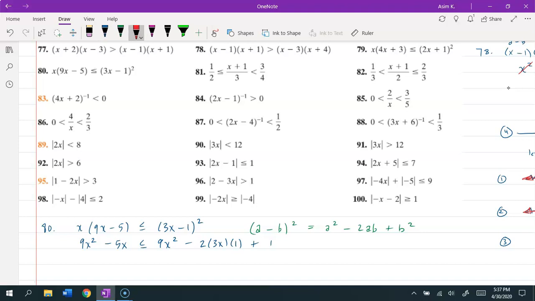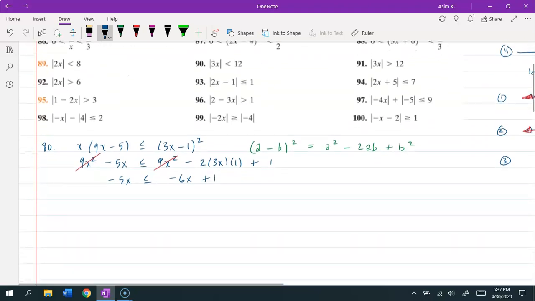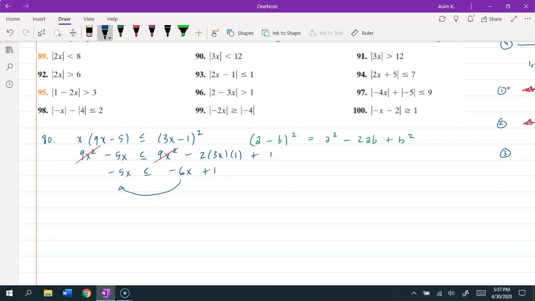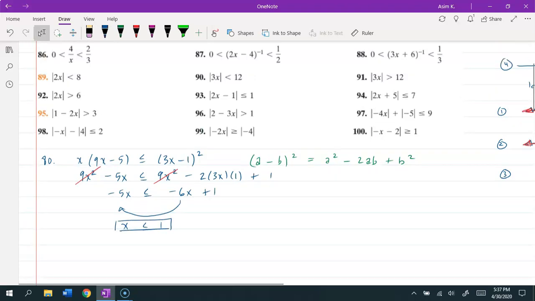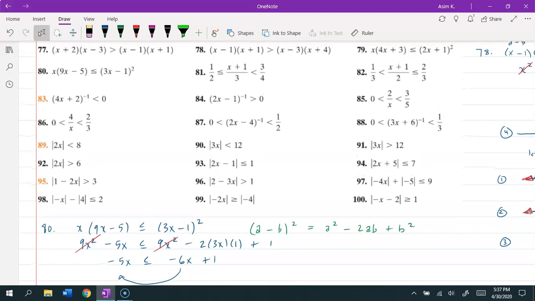Notice again that the 9x squareds will cancel each other out, and you'll end up with negative 5x on the left-hand side. You'll end up with negative 6x and then plus 1. Again, just go ahead and move the negative 6x over. So you'll have 6x minus 5x, which is simply an x, and that is less than or equal to 1. So, simple and done. All right, let's go to number 82.